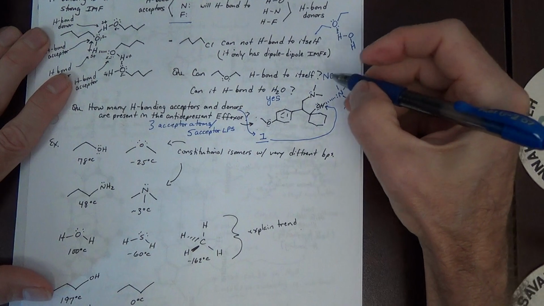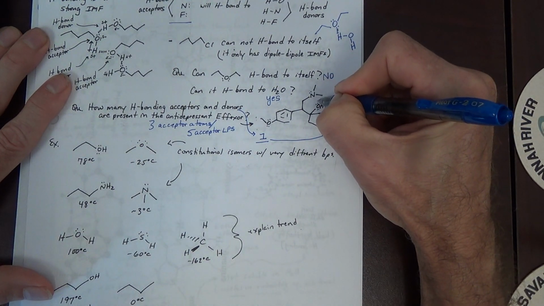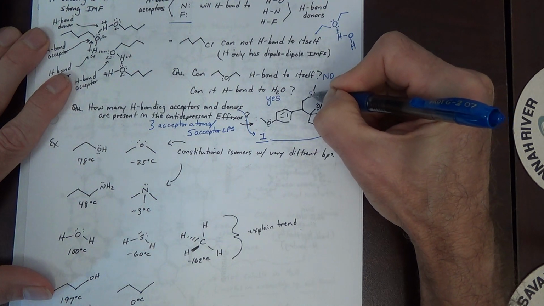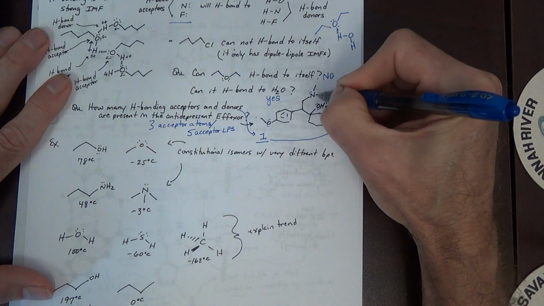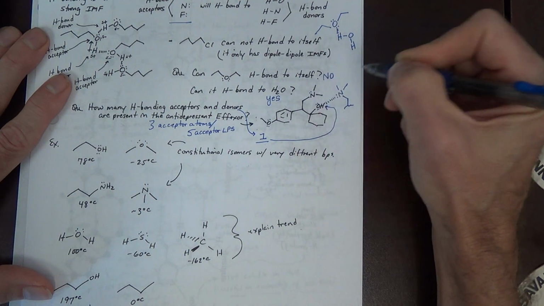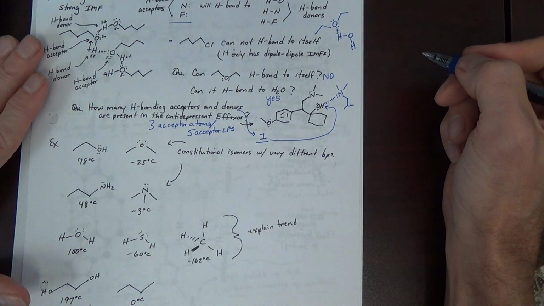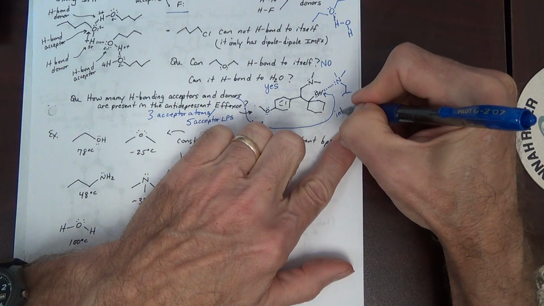It's also possible to have an internal hydrogen bond. Maybe this nitrogen could hydrogen bond to the H that's internal. 1, 2, 3, 4, it'd be a 6-membered ring there. Yeah, probably it's an intramolecular hydrogen bond, where the one I showed here was intermolecular.